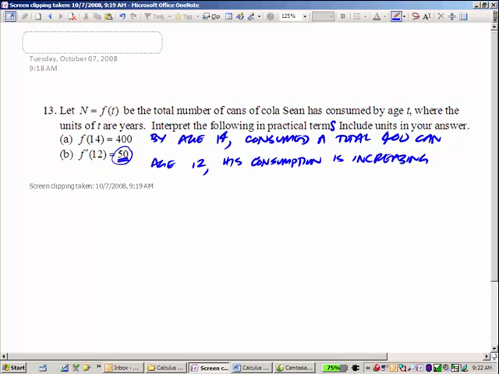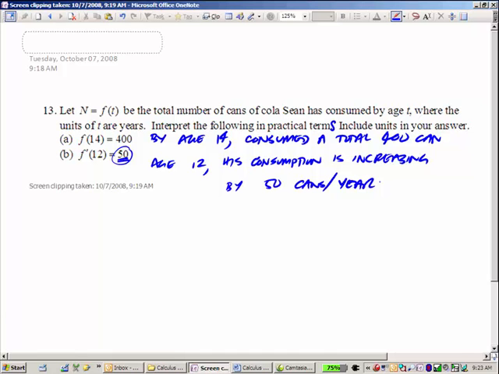So a positive slope means consumption is increasing. How fast is it increasing? By 50 cans per year. So in other words, if he was drinking 100 cans last year, he's not drinking 50 cans this year. His consumption is increasing by 50 cans per year.